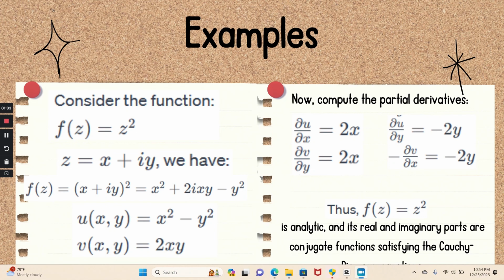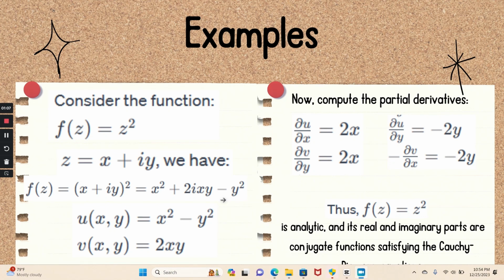Using the relation z is equal to x plus iy, we have f of z is equal to (x plus iy) squared is equal to x squared plus 2ixy minus y squared.